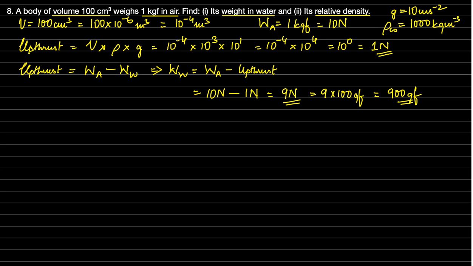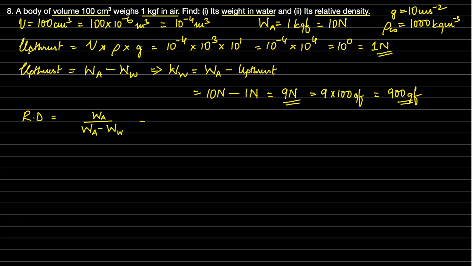Now that we are done with weight in water, we need to find relative density. For finding relative density, we would be using the formula weight in air divided by weight in air minus weight in water.